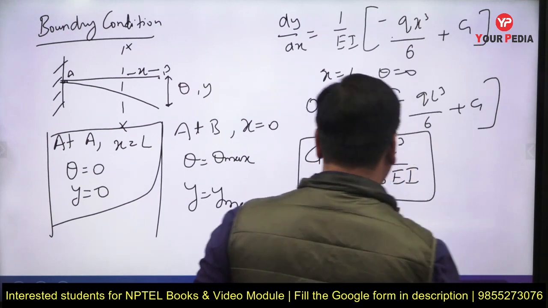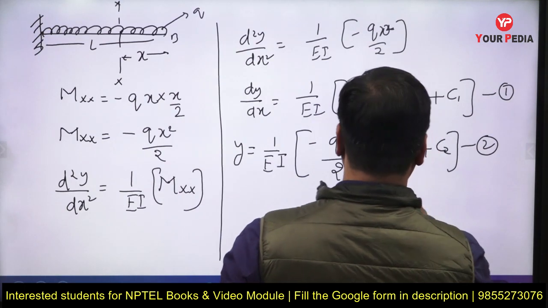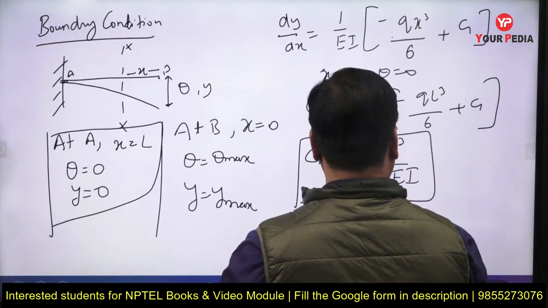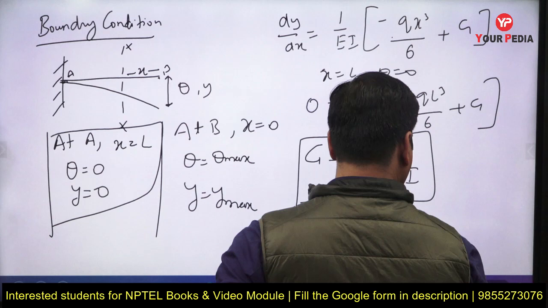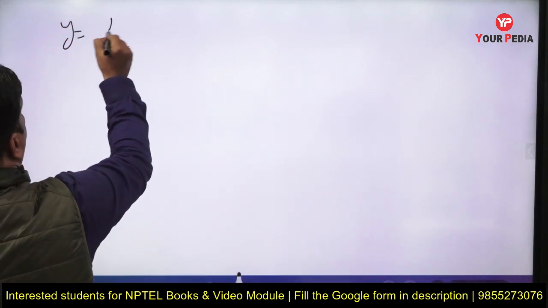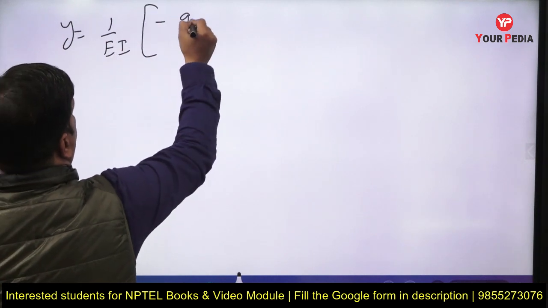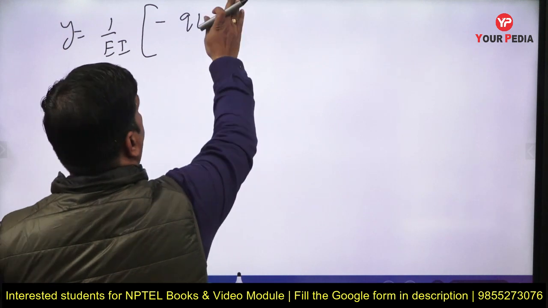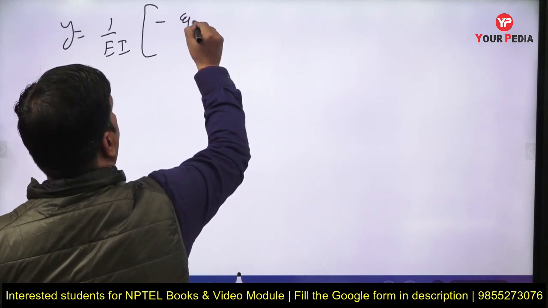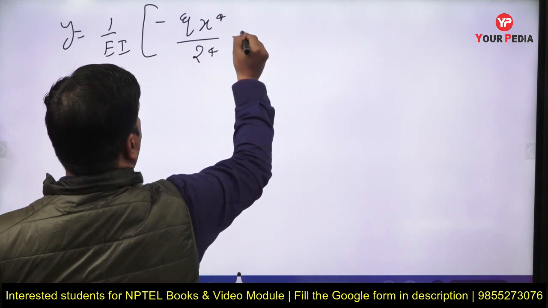Now just put this value of c1 into equation number 2. Equation number 2 is this one. So y equals 1 upon EI times minus q x to the power 4 upon 24 plus c1.